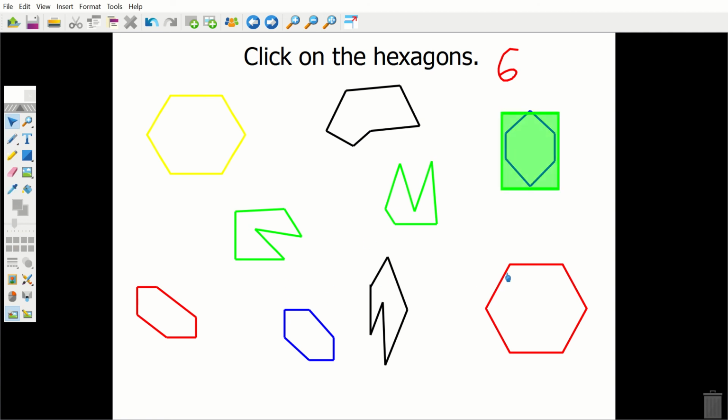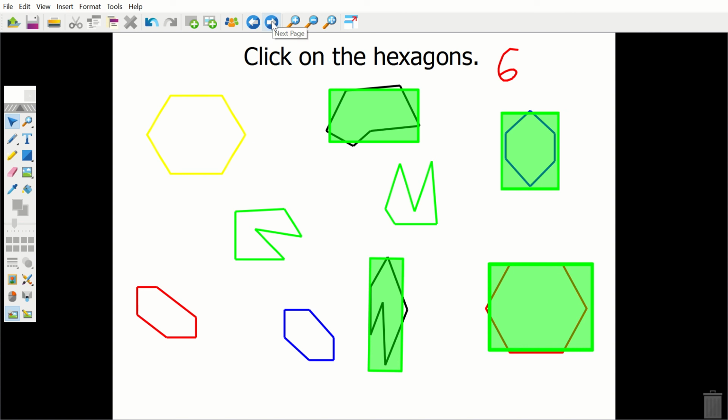If you're looking at this one, 1, 2, 3, 4, 5, 6. Hexagon. How about this guy here? 1, 2, 3, 4, 5, 6. Hexagon. Again, these are figures with six faces.